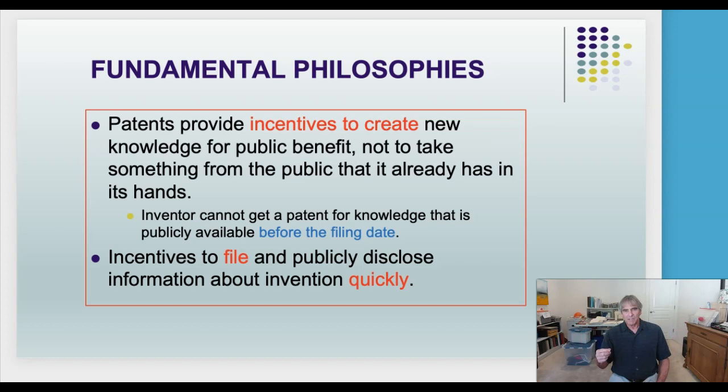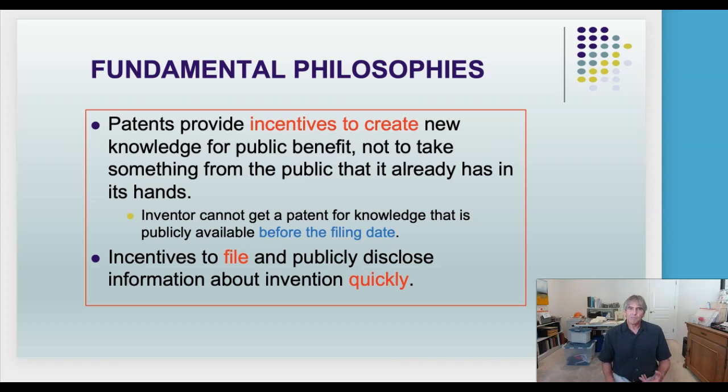In other words, if the invention is already out there, then it could only harm society to allow someone to legally control it. And with patent reform, out there now means that the information is publicly known before the inventor files the patent application at the Patent and Trademark Office.